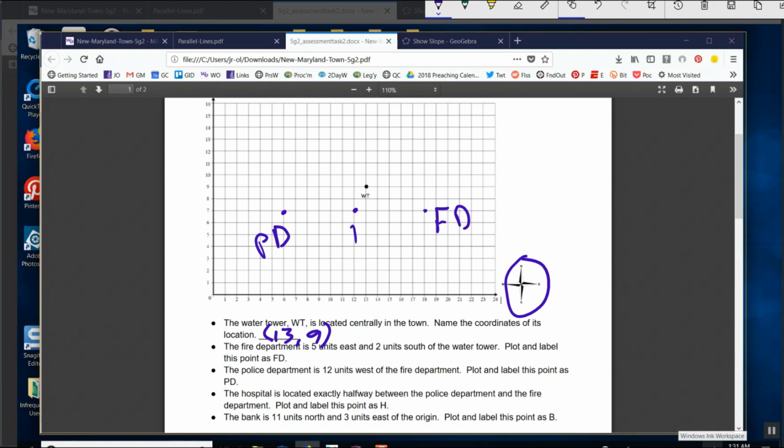This is the hospital, 12, 7. The bank is 11 units north and 3 units east of the origin. The origin is right here, 0, 0. So this is going to be 3, 11. 3, 11 is right here, and this is the bank.